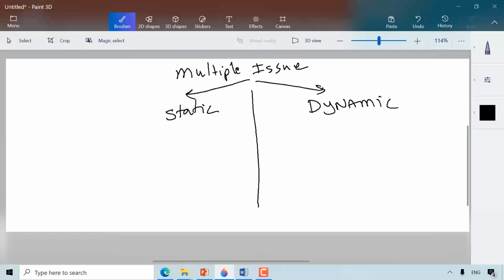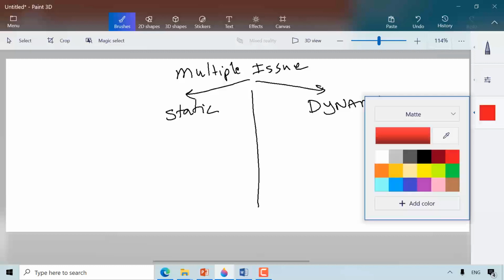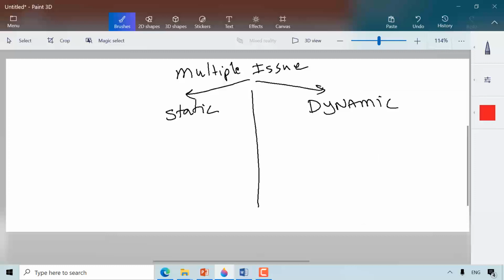So we have static, and basically, in the static multiple issue, it is the compiler which issues those instructions. And remember, the compiler compiles the instruction before runtime.